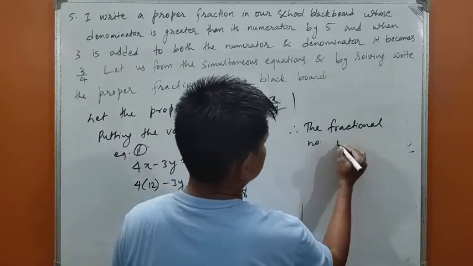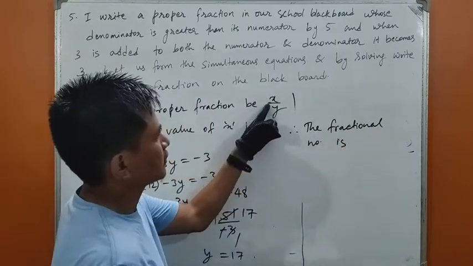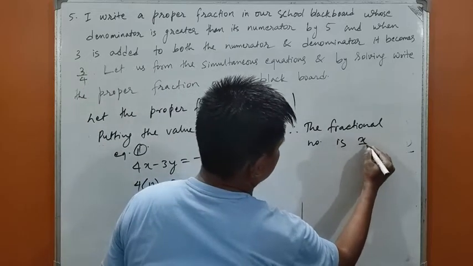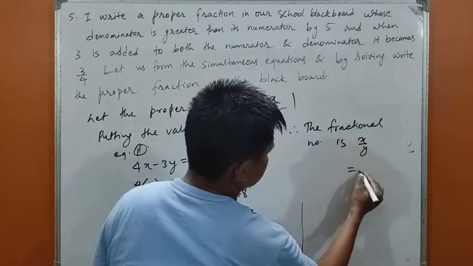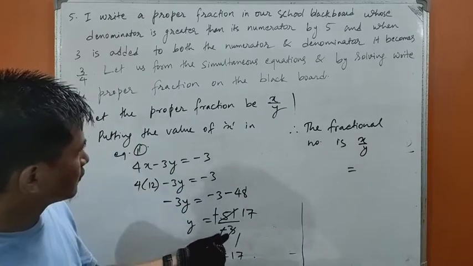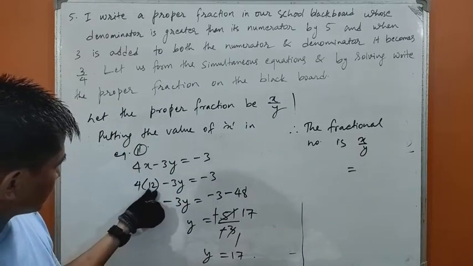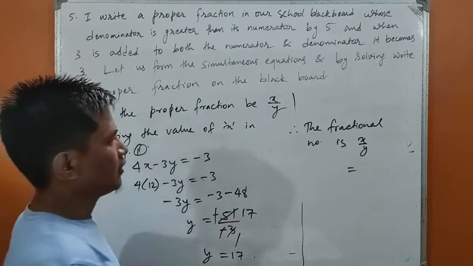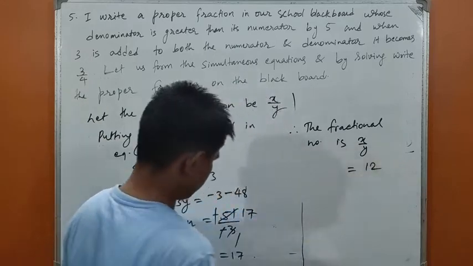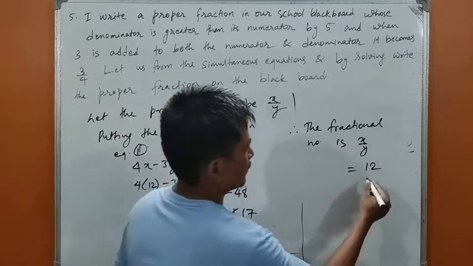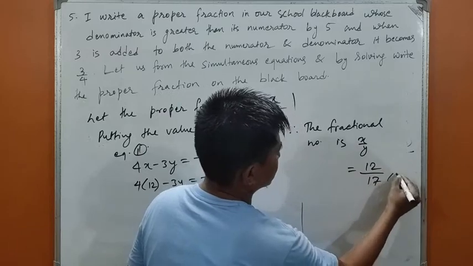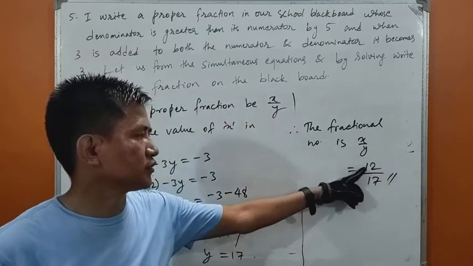The fractional number is x upon y. What was the value of x? x was 12 and y is 17. This is the answer. The fractional number is 12 upon 17.